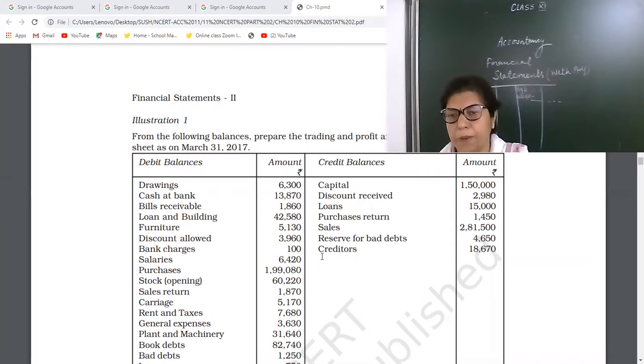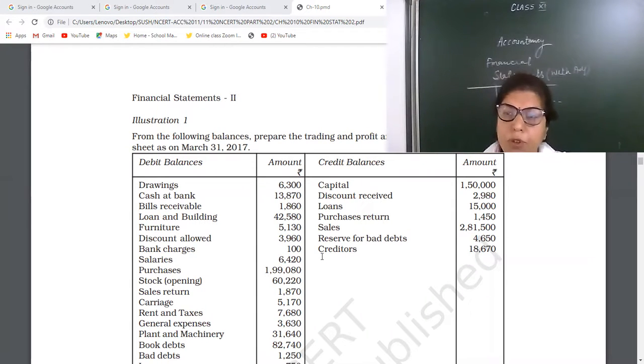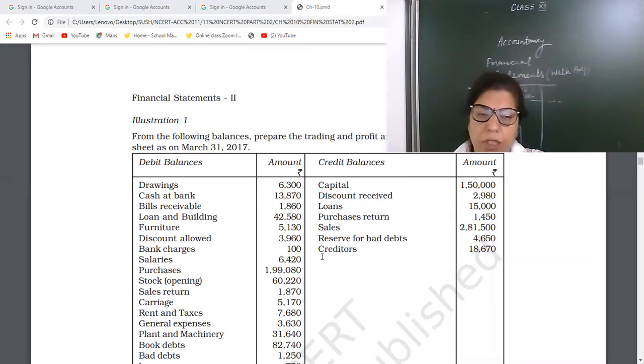Book debts. See, book debts means debtors. That will be debit side. Bad debts, bad debts is the loss. Bad debts means those debtors who proved bad, means the amount irrecoverable by the proprietor. And what is book debts? Don't be confused.